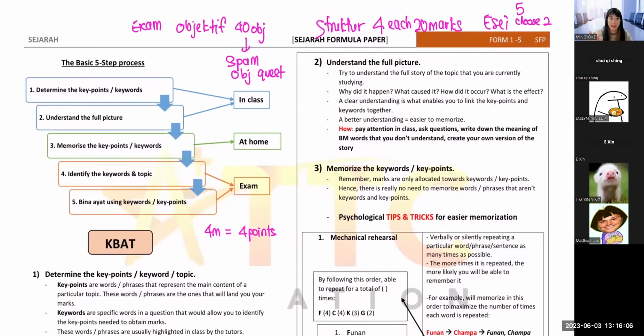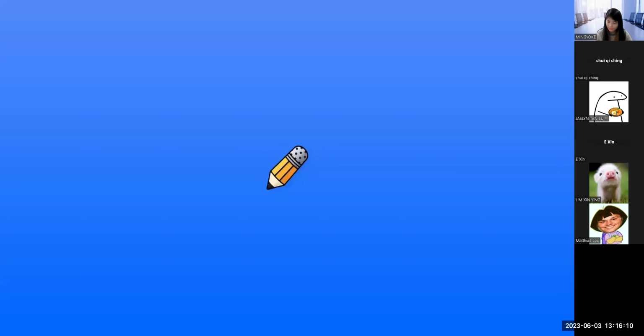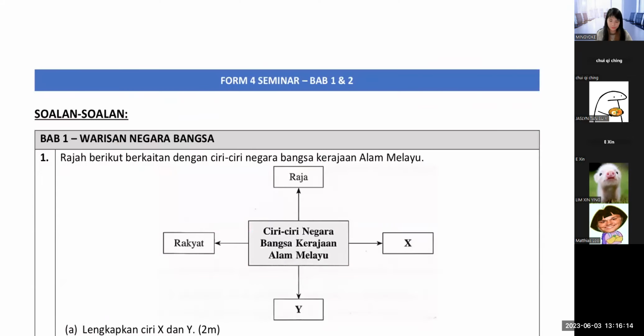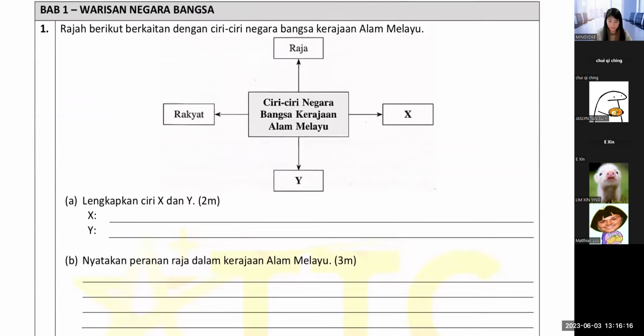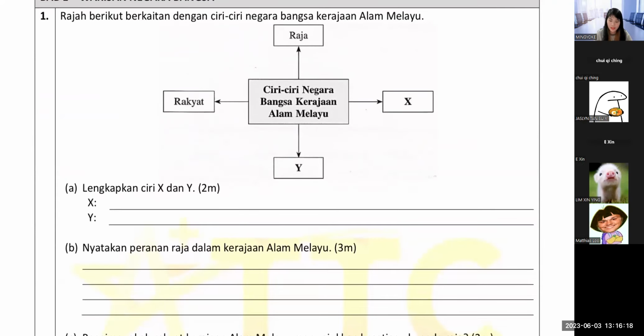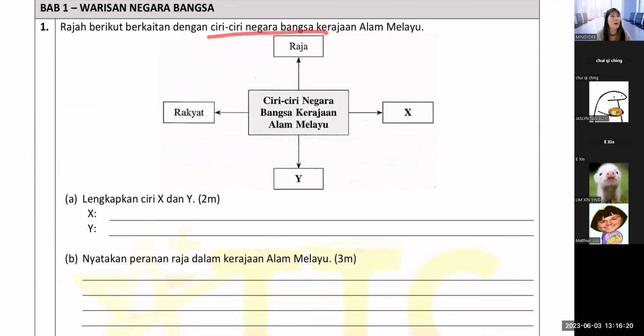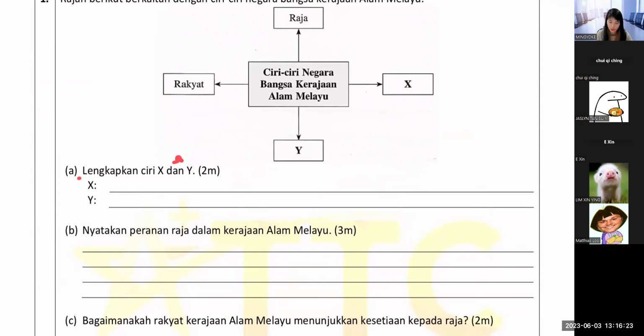Example, guys. I go to your soalan there. Okay, according to your soalan here, for example, they say ciri-ciri negara bangsa. Then they ask you ciri X and Y. Then they give you 2 marks, means 2 answers.